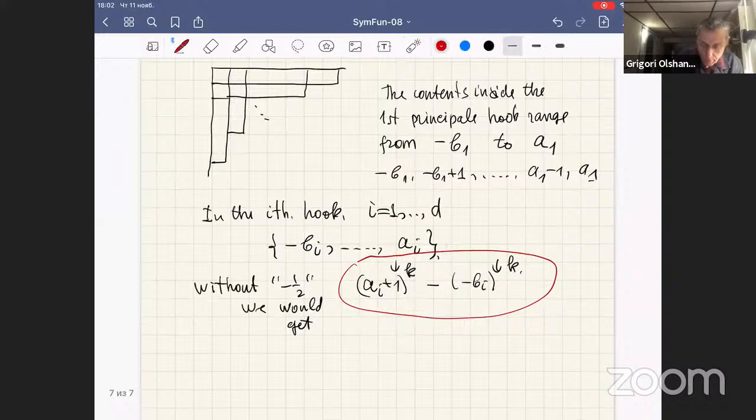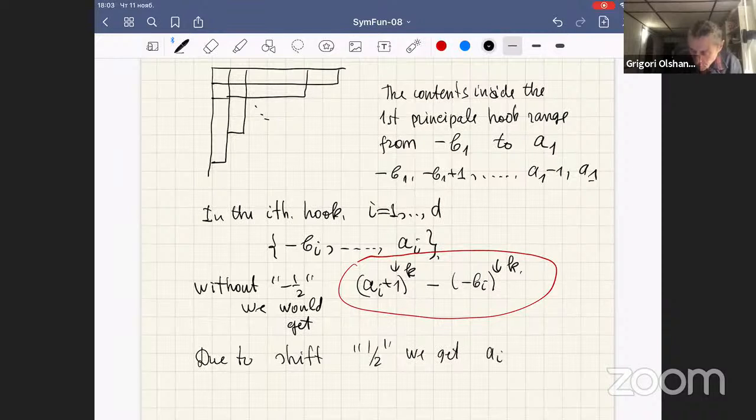And due to the shift, we get this. So this 1/2 is very important.